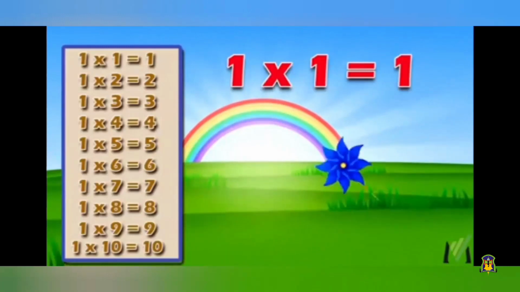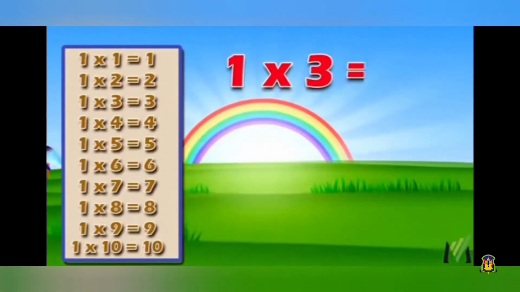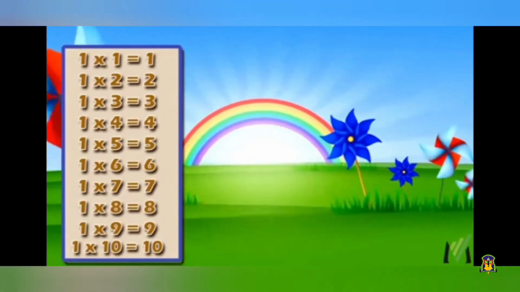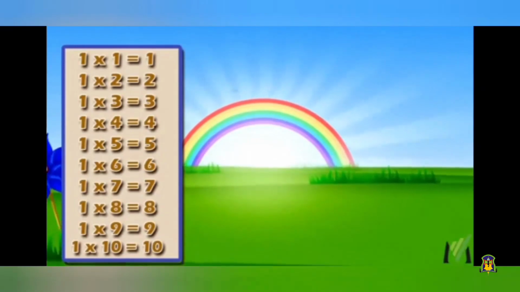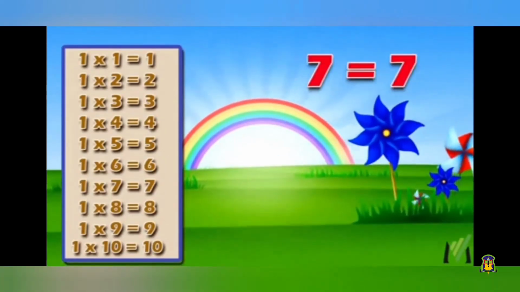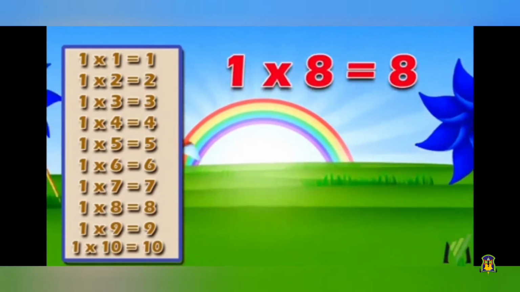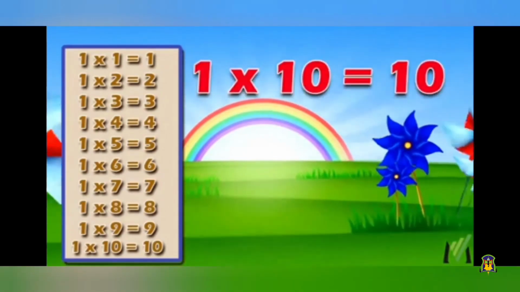Okay. 1 ones are 1. 1 twos are 2. 1 threes are 3. 1 fours are 4. 1 fives are 5. 1 six are 6. 1 sevens are 7. 1 eights are 8. 1 nines are 9. 1 tens are 10.